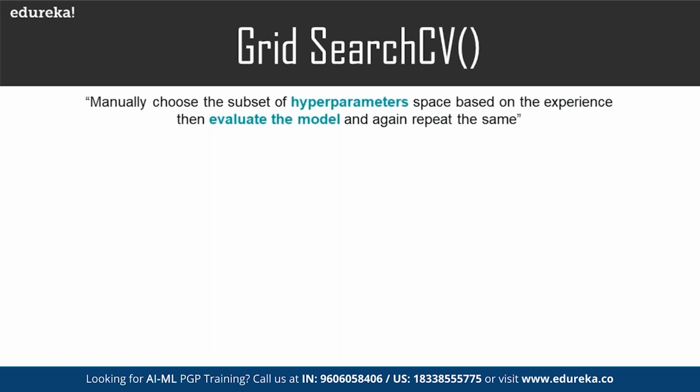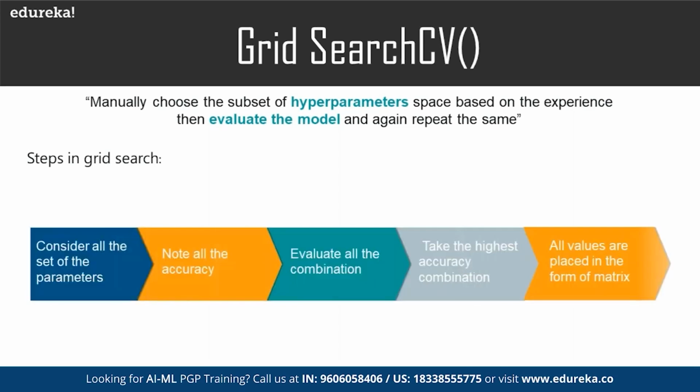So we move grid-wise. We consider the set of parameters that are needed, and we note all the accuracies yielded with the different sets of parameters, evaluate them by combining all of them, and then take the highest accuracies from the combination.